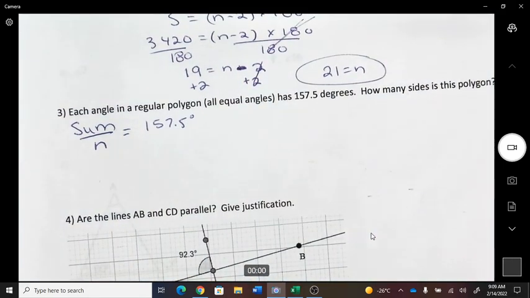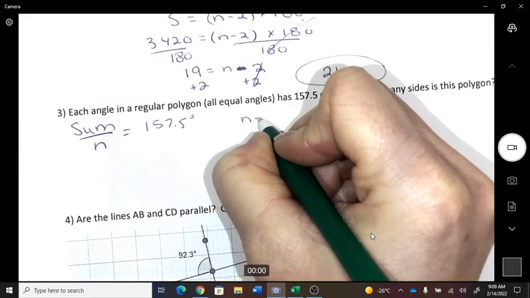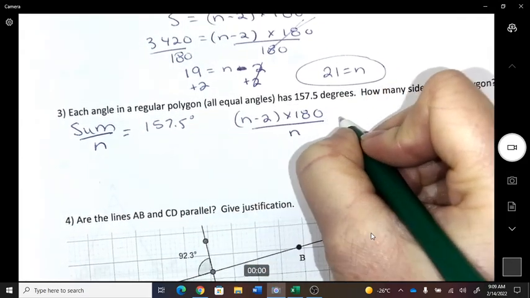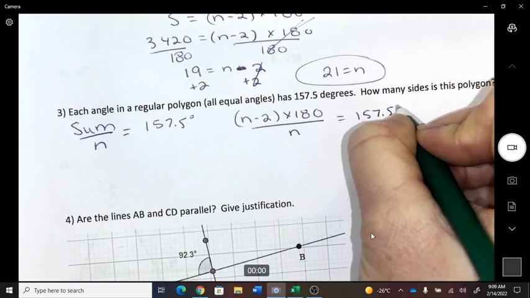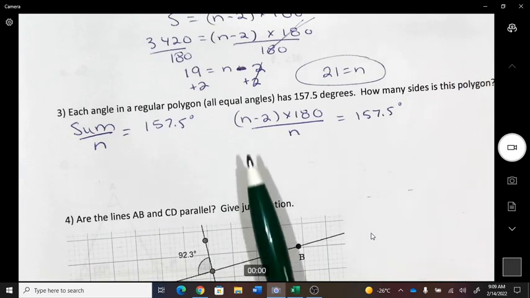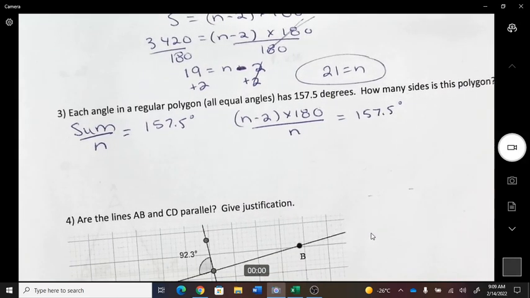If I had the total sum, but I don't know the sum, and I don't know the number of sides. Okay, so here's the sum. Okay, I took the sum and divided it by n. But I don't know the sum, so I'm going to replace it with that.